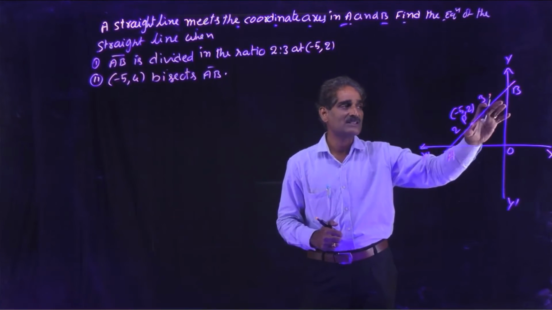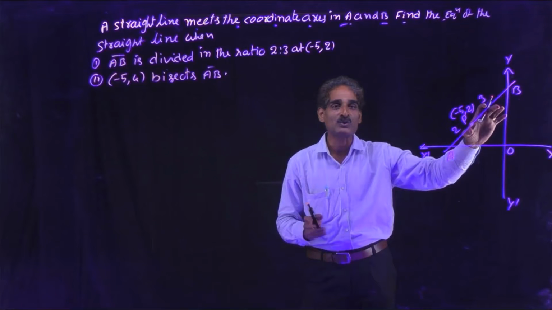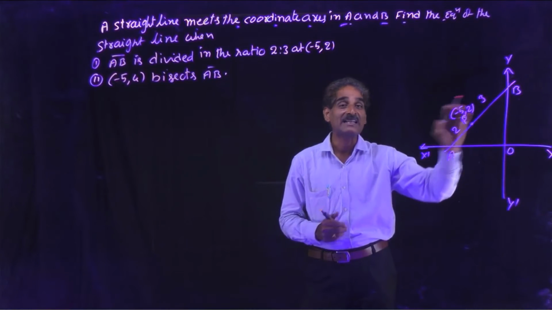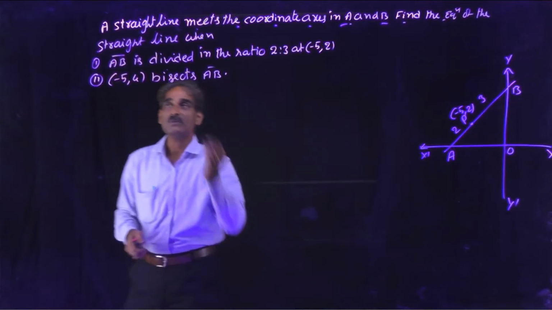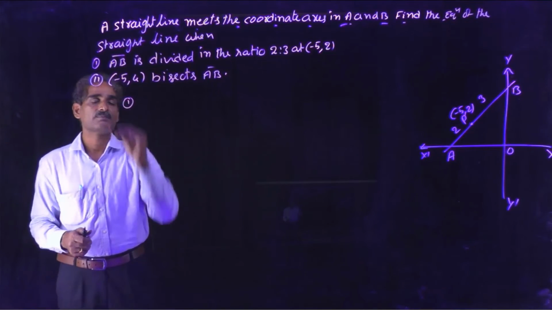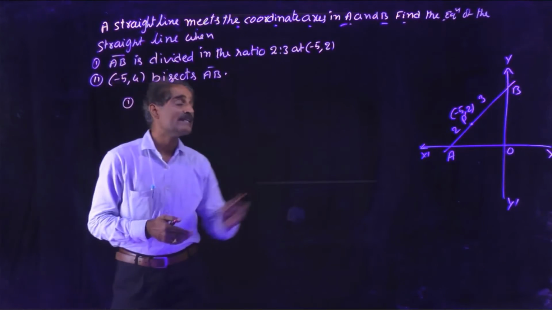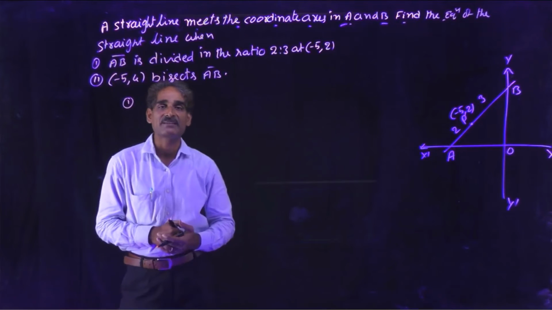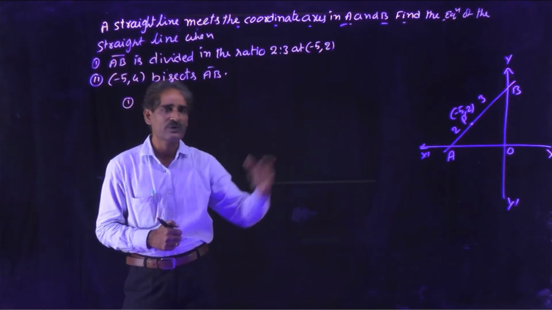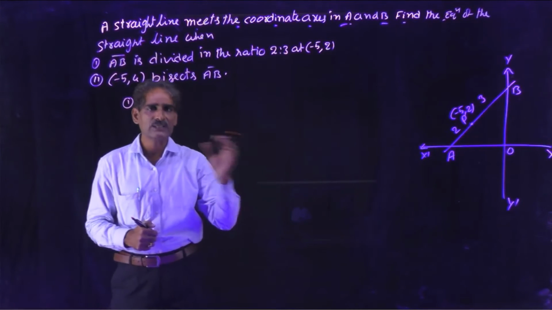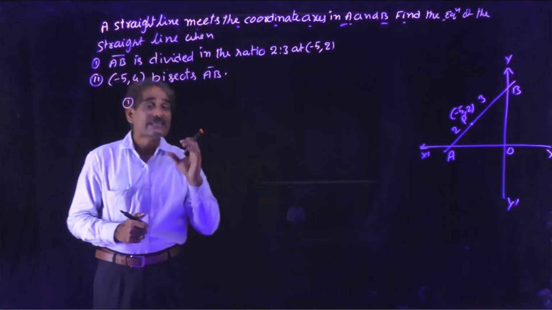So for this, we have to assume the intercept form. We just have to find the equation of AB, and for that we are taking the intercept form.